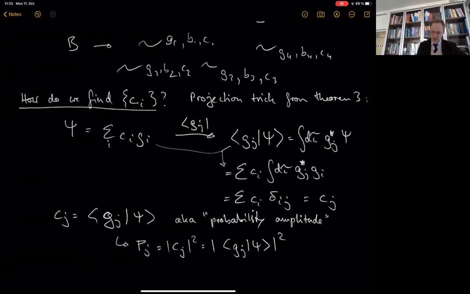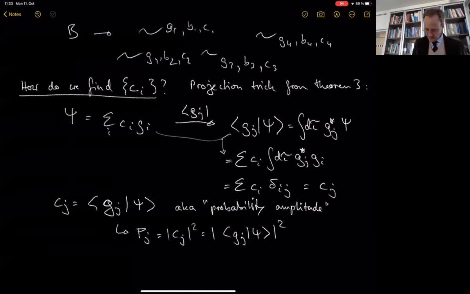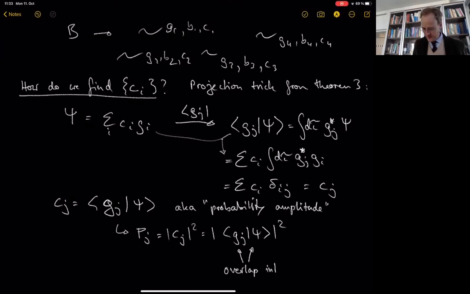Now, what you have here is the overlap integral of two functions, right. So the more the eigenstate J overlaps with the entire wave function, the bigger is the contribution of that eigenfunction J to the entire function.